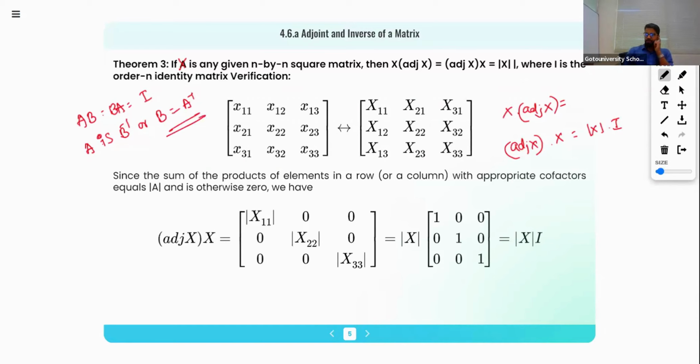So same way, if I want to bring that principle here, I'm going to modify this a little bit. X into adjoint of X equal to determinant of X into I. I can bring that determinant here to the denominator, because determinant is a real number, I can easily bring it.